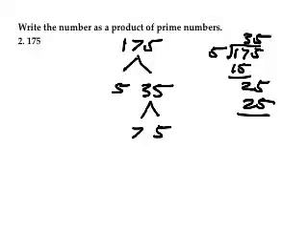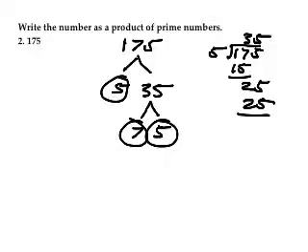So these are the prime factors. And if you multiply those prime factors, 5 times 5 times 7, you get 175. So you write the prime factorization this way: 5 times 5 times 7. Or in shorthand, it would be 5 to the second power times 7.